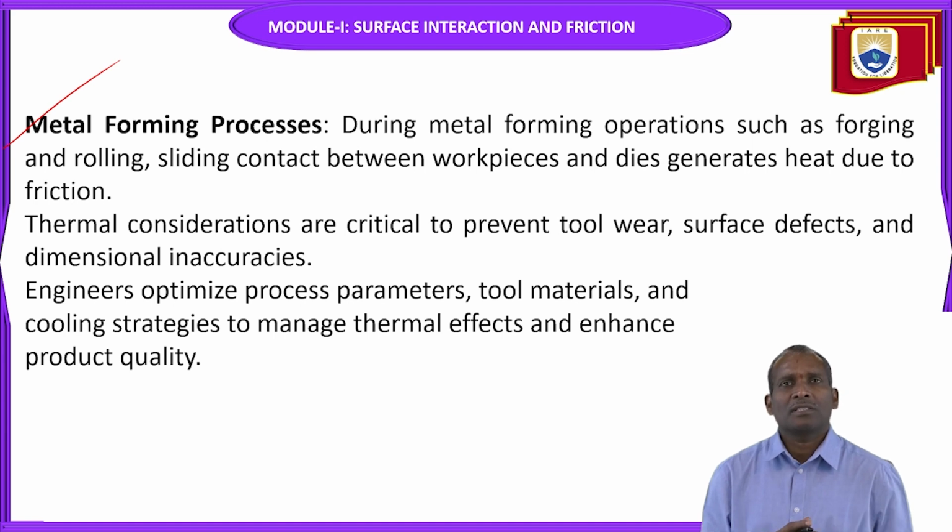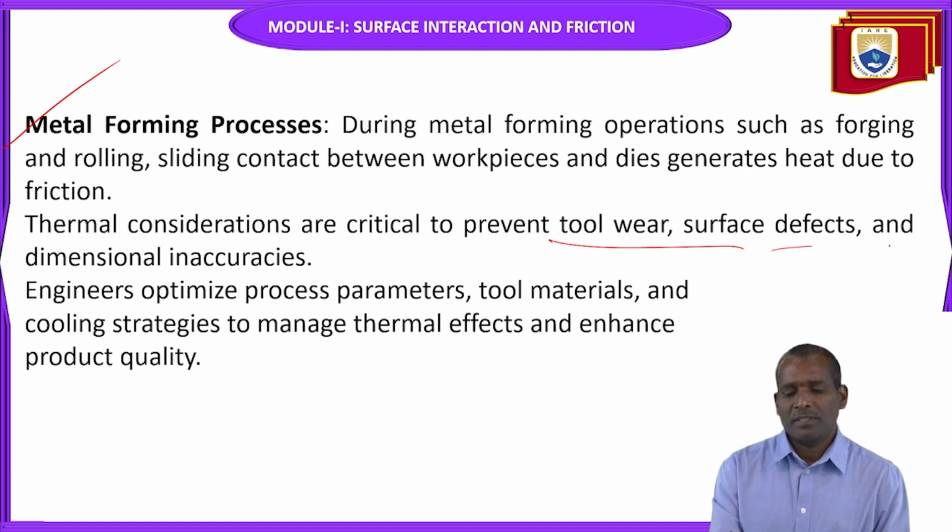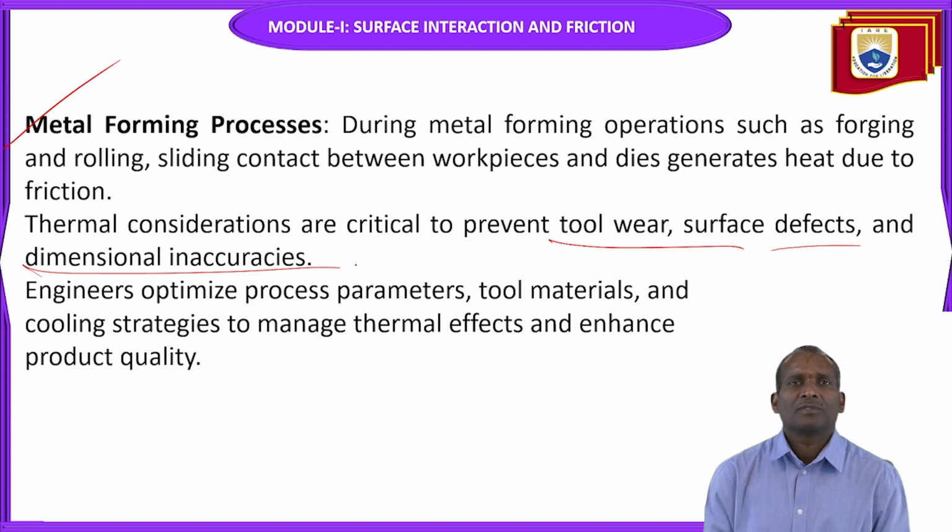So thermal considerations are critical to prevent tool wear, surface defects, and dimensional inaccuracies. Engineers optimize the process parameters, tool parameters, and cooling strategies to manage thermal effects and enhance product quality.